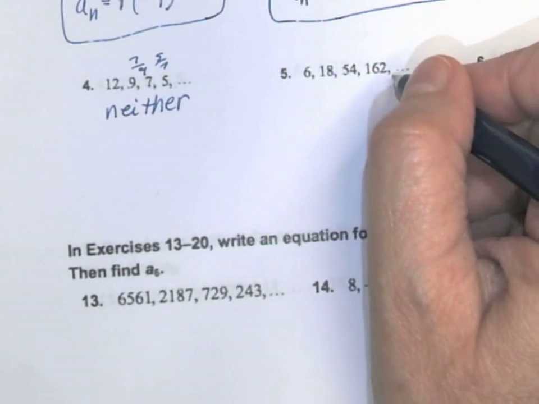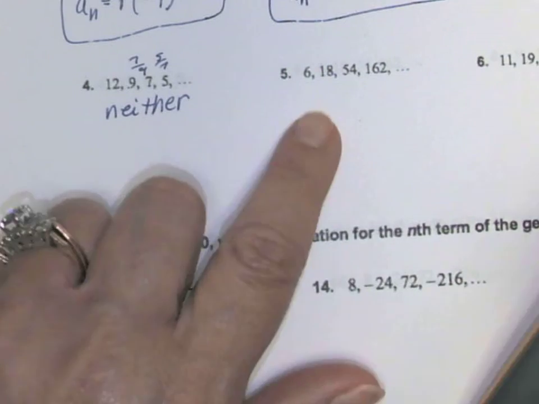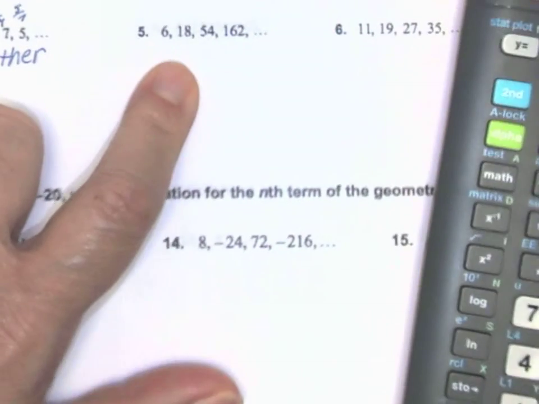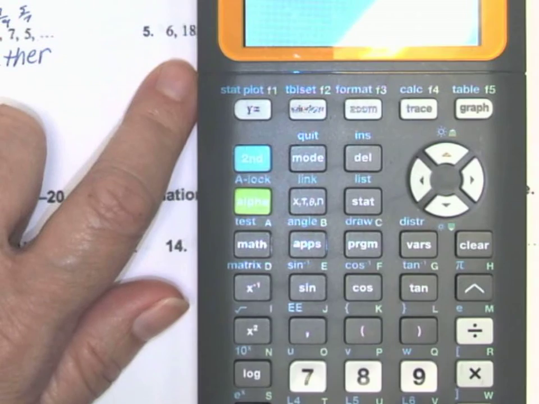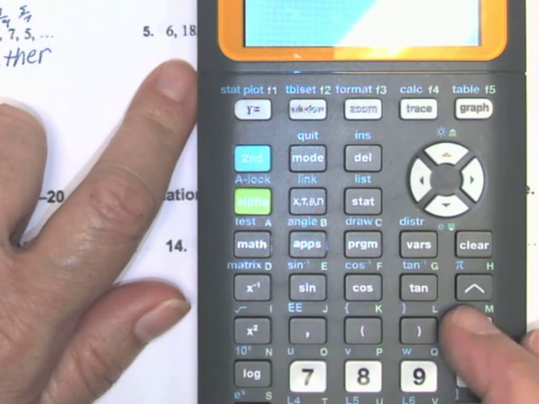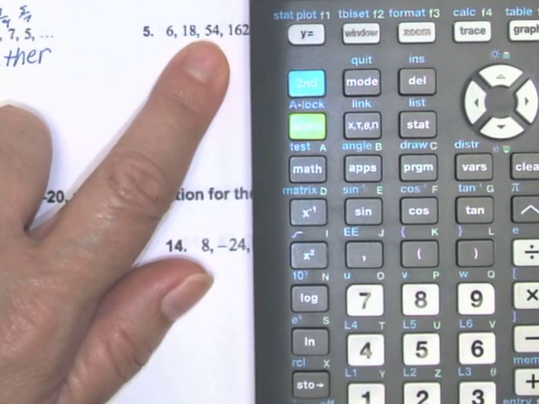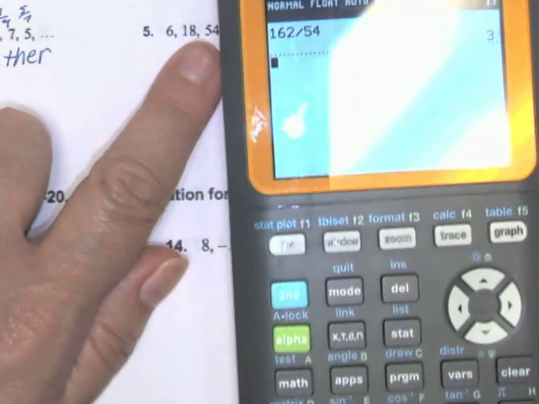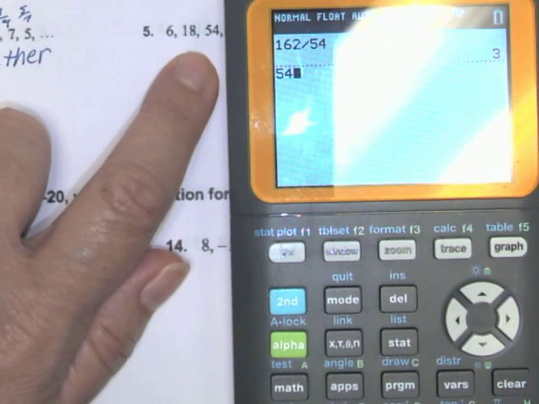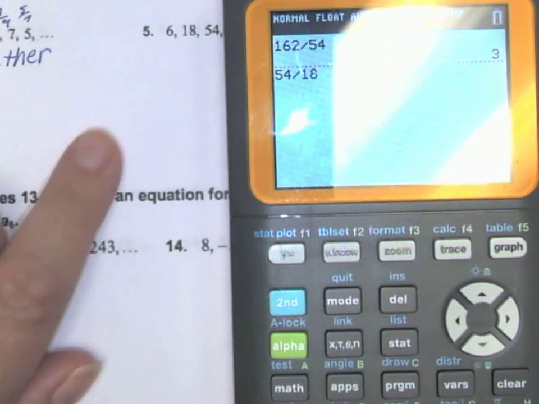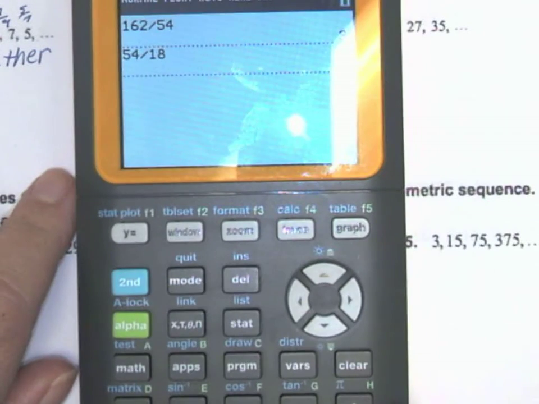Right here, not adding, it's getting too big, too fast. So let's try the multiplying and see. 162 divided by 54. What do we get? 3. Whoops, sorry, you can't see that. Let's do 54 divided by 18. We get 3.